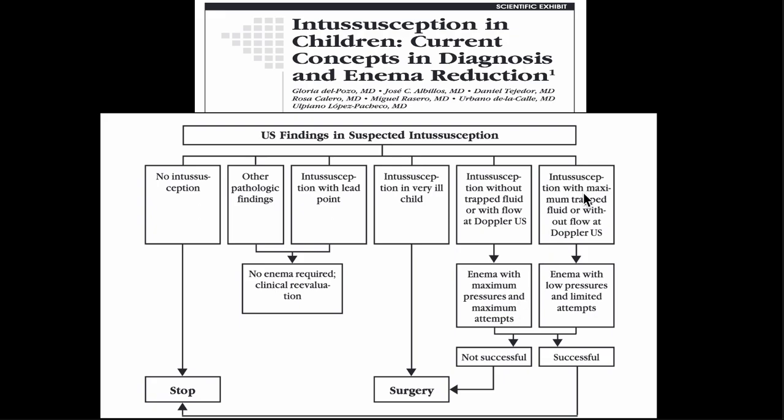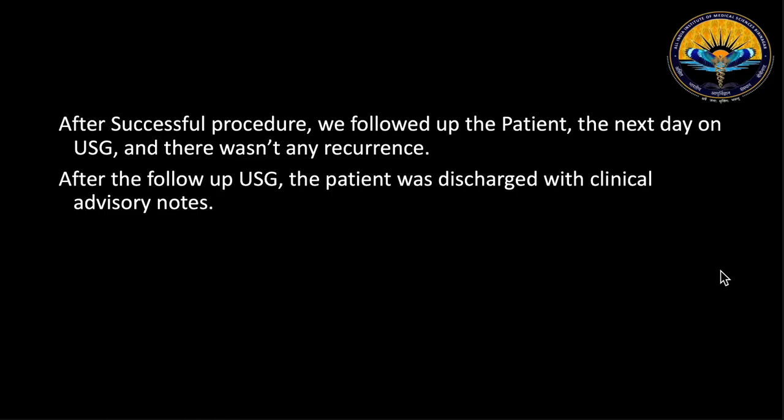If there is an intussusception with maximum trapped fluid or without any color flow at Doppler ultrasound, then enema with low pressures can be attempted with limited attempts. So again, if it is successful, then we just have to stop and reassure the patient. If it is not successful, then again, as I told you, the surgical team has to be kept in the loop. So the patient has to be referred.